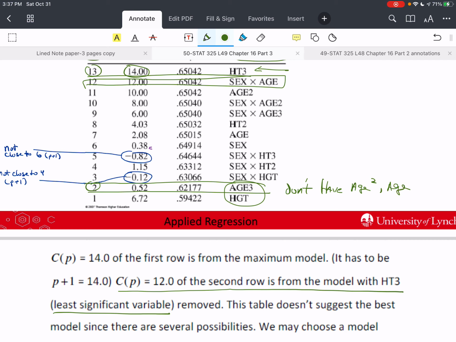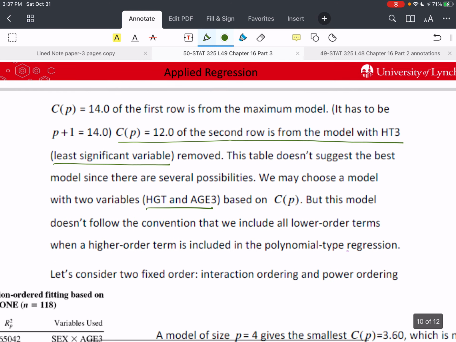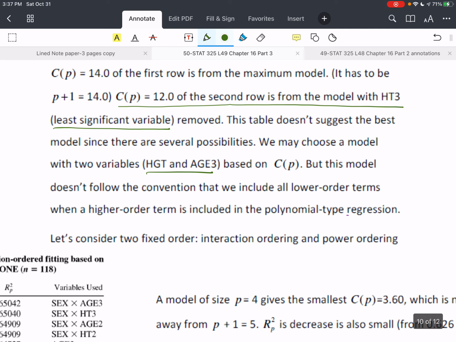And anytime we choose a higher order variable, the convention is that we have all the lower order terms of that variable in there as well. If you have a polynomial, you have the full polynomial, not just one term of it, okay? And so we haven't chosen any lower order terms.